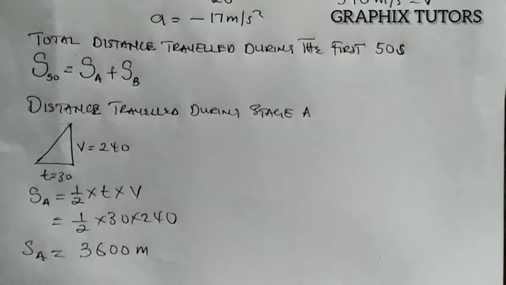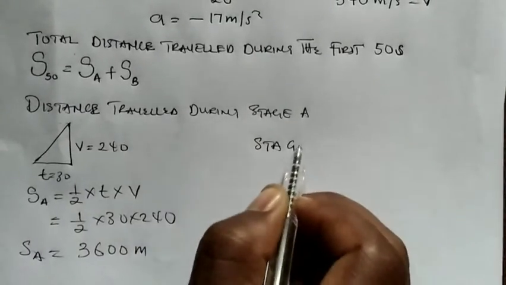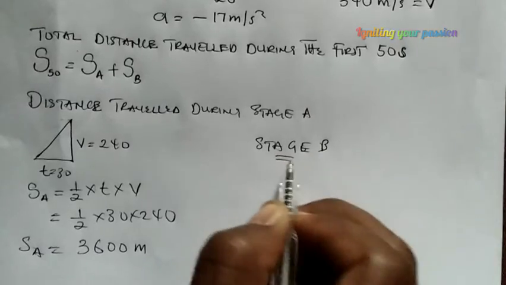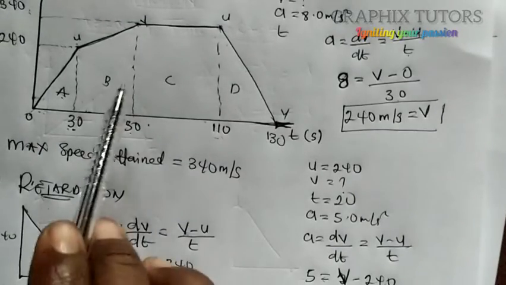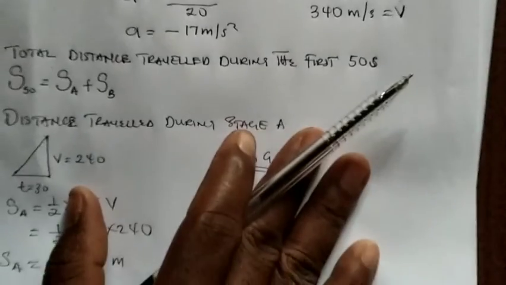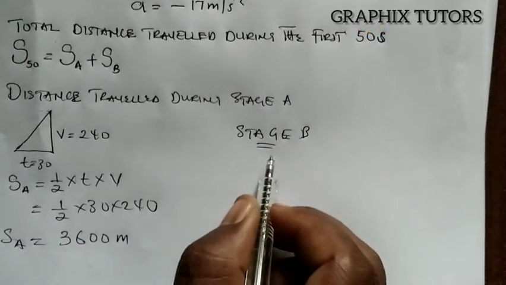So if we are to look for stage B, let me just do it here. For stage B, we have more something like this. It looks like a trapezium here, right? So we're having this shape here.